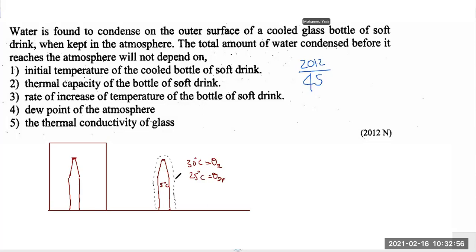Now what happens is when you bring the soft drink bottle out, the warm air is in contact with the soft drink bottle. So the part I'm highlighting is the warm air in contact with the soft drink bottle. What will happen to that?